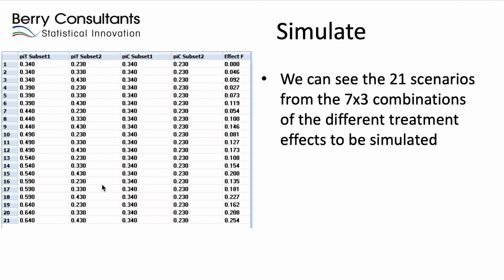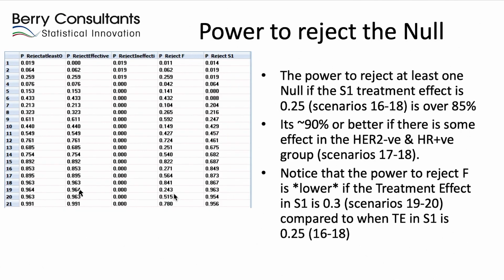It's these here where the base is 0.23 plus 0.25. We've got a power of over 85%. And there's 90% or better if there's also some effect in the overall group, the 17 to 18 simulations.